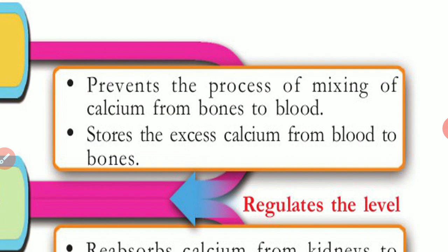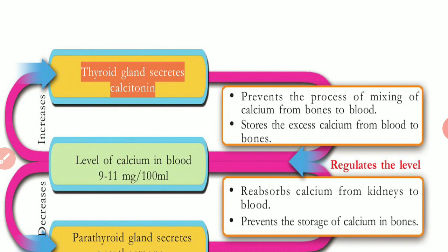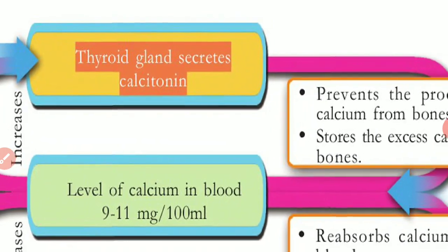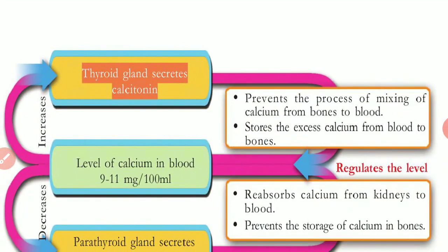The movement of calcium from bones to blood is prevented by calcitonin when there is an increase of calcium in blood. When there is more calcium in the blood, it will not allow calcium to come back from bone to blood.